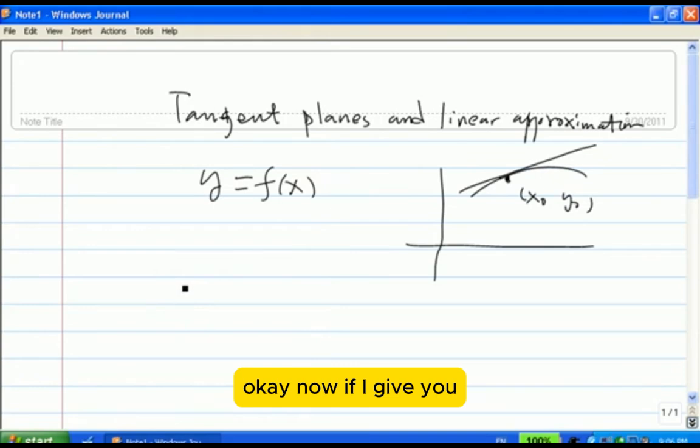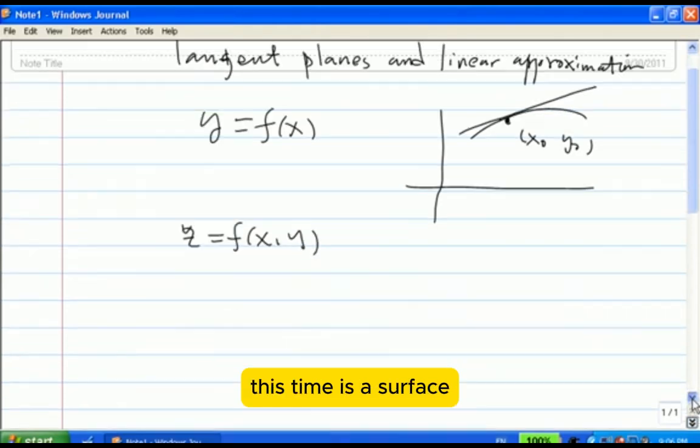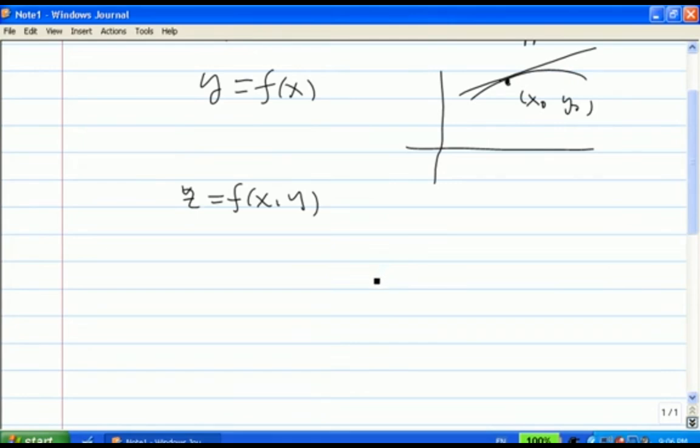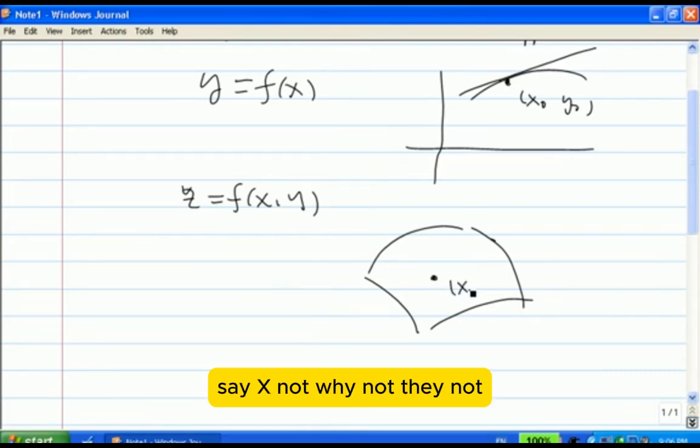Now if I give you a function depending on two variables, its graph this time is a surface. And I give you a point on the surface, say x0, y0, z0.